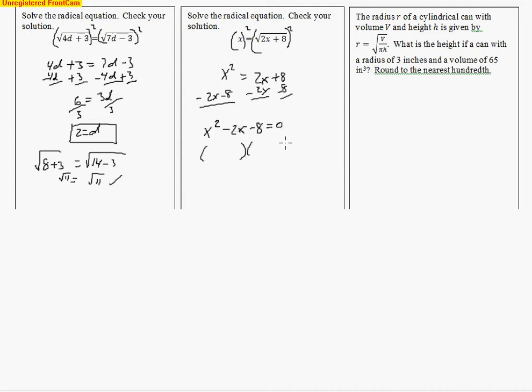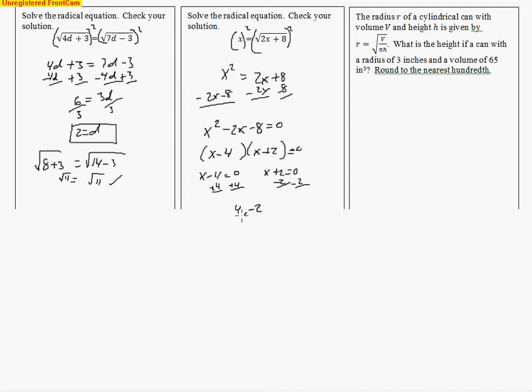So when I factor, it factors down to an x minus 4 and an x plus 2. This all equals 0. And so when I set the factors equal to 0 to come up with what the two solutions could be, I use some opposite operations, and then I end up getting my two answers. So I get 4 and negative 2.